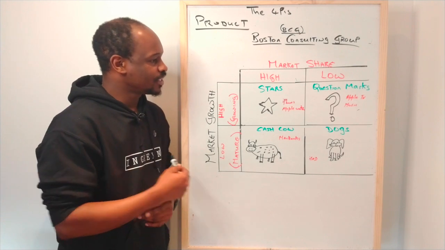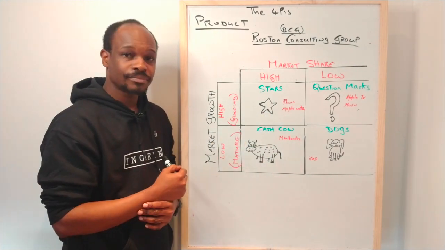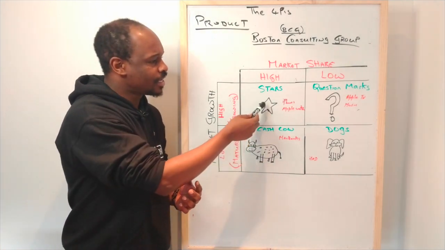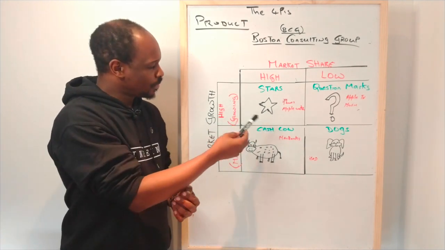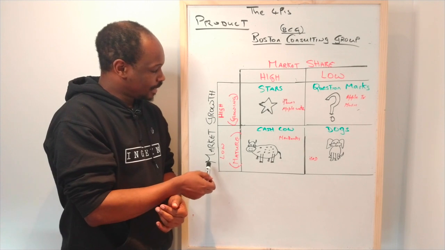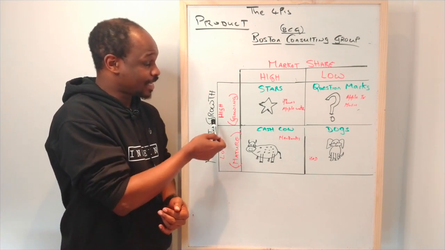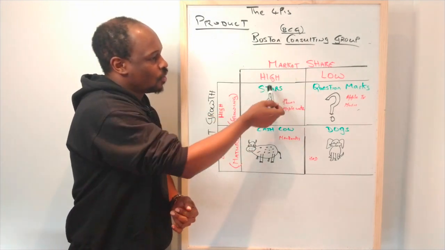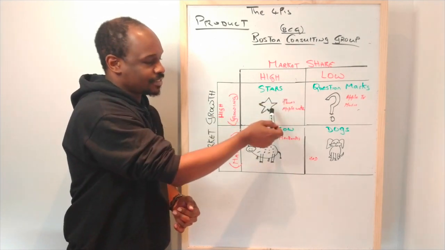So the first one that we're looking at is the stars. When we talk about star products, what we're saying is that these products are in a market with high growth, and the market share is also high.